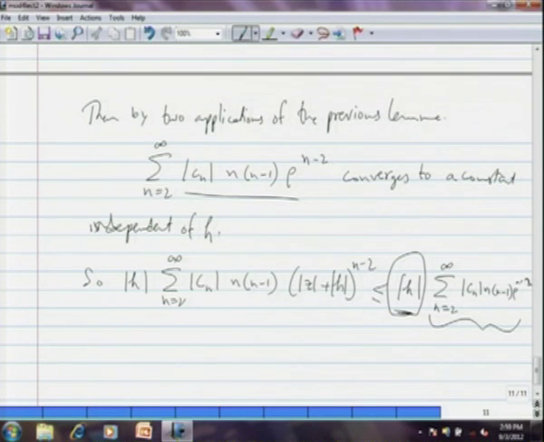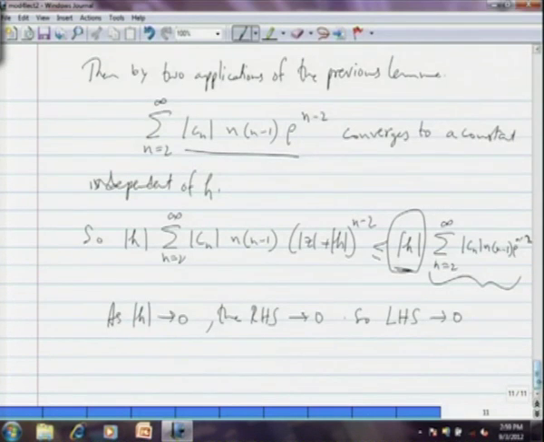Okay, so what I can conclude is, as modulus of h tends to 0, the RHS tends to 0. So, LHS tends to 0 as modulus of h tends to 0. Okay. So, by RHS and LHS I mean the sides of this inequality above.